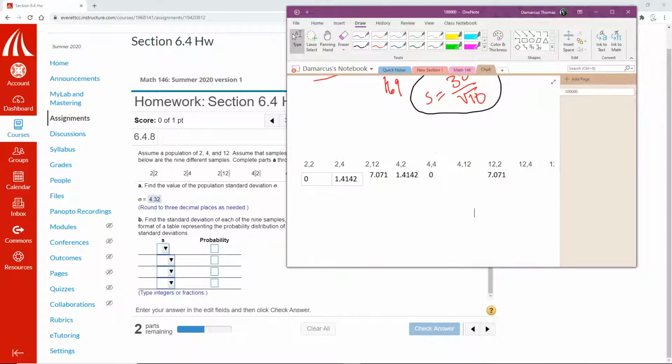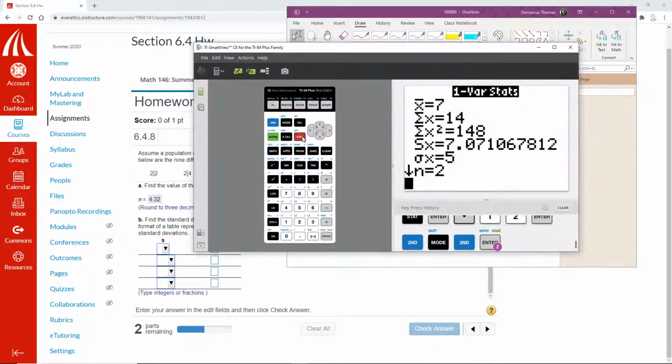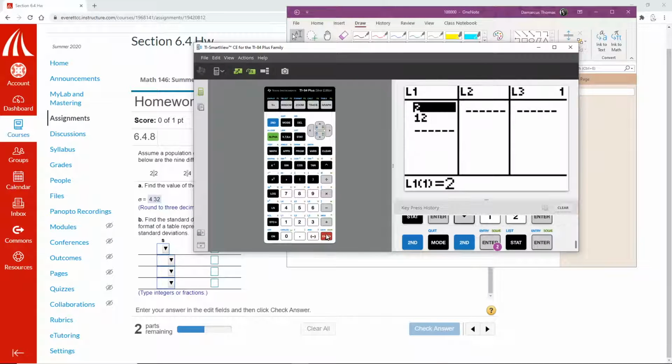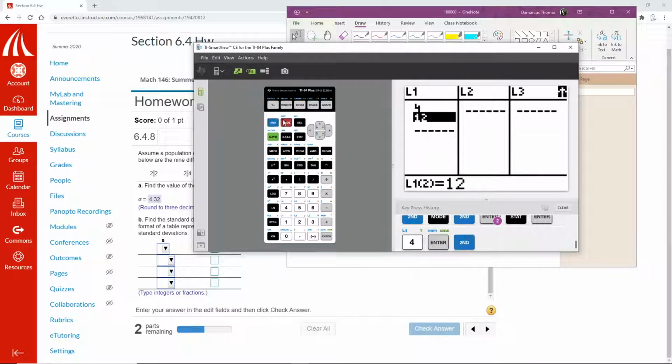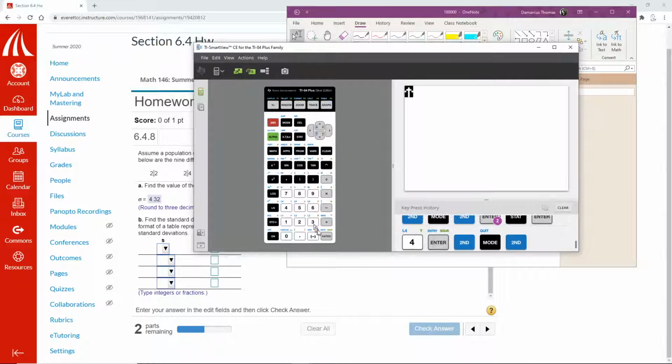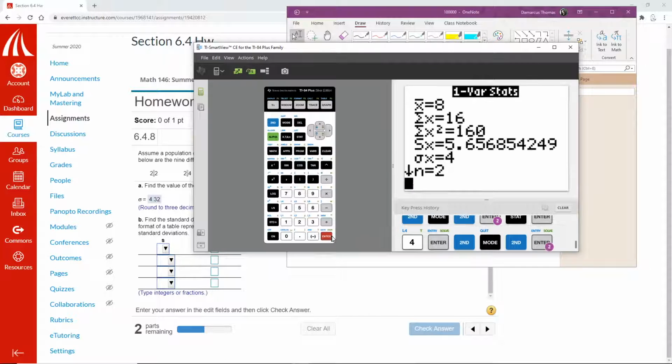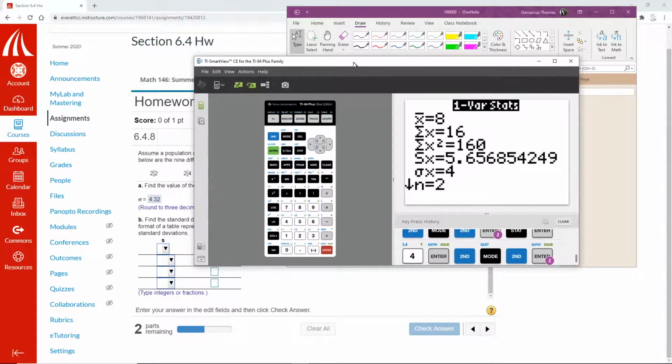So let's do 4 and 12 now. I'm going to go back into my list and edit my list to have 4 and 12. And now I'm going to calculate one var stats on L1. Second entry will just recall the statement. And I got 5.6568.